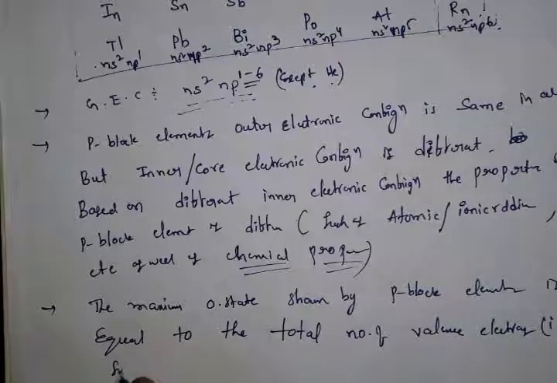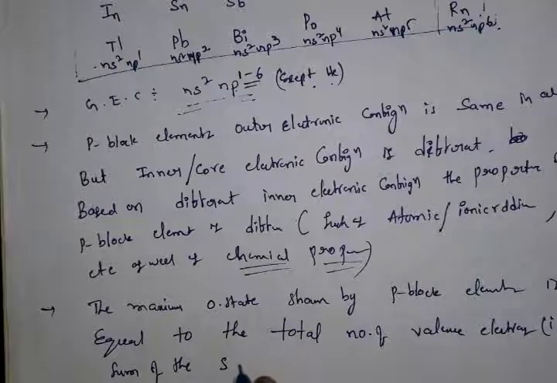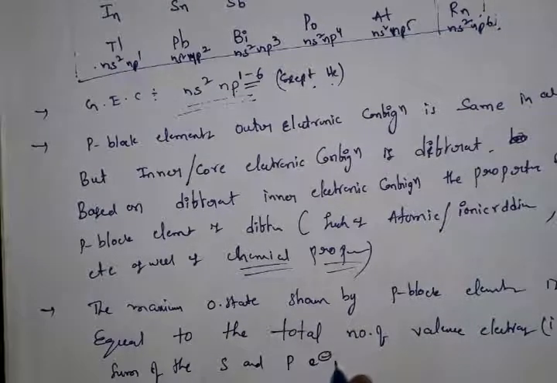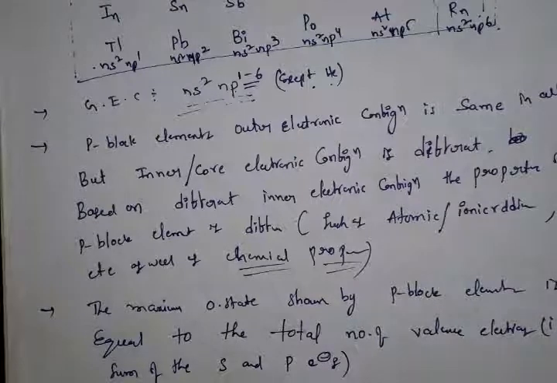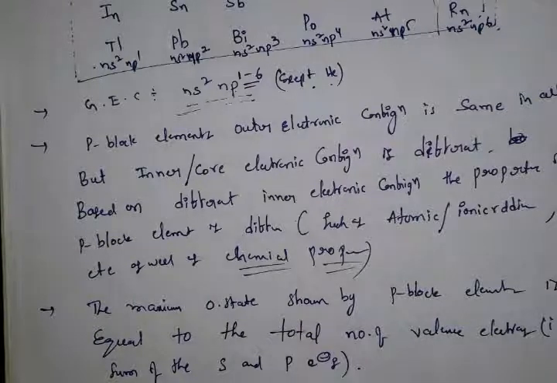So clearly the number of possible oxidation states increases towards the right of the periodic table.